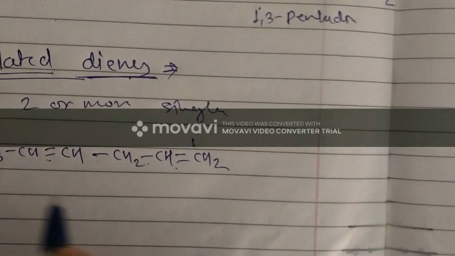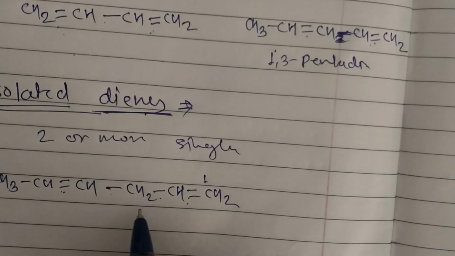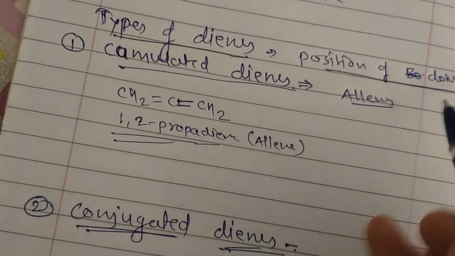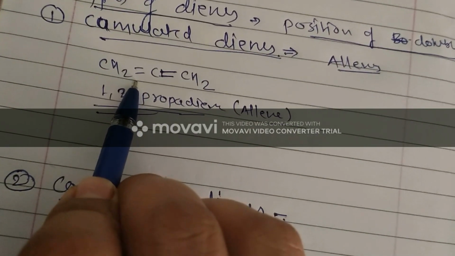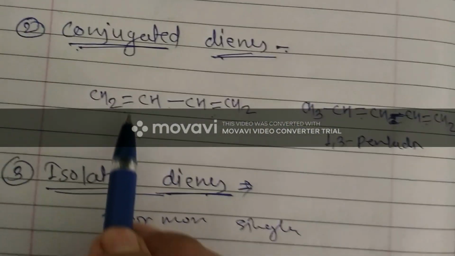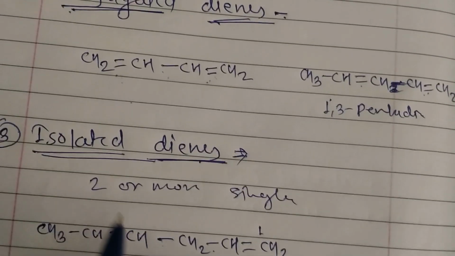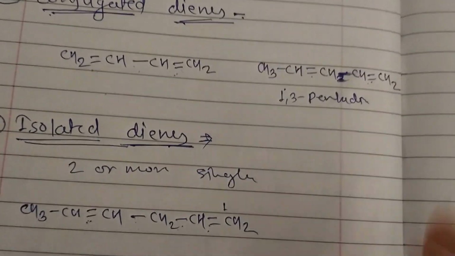It is the example of 1,4-hexadiene. These types depend on the position of the two double bonds. Cumulated means the two double bonds are on the same carbon atom, conjugated dienes means the two double bonds are separated by one single bond, and isolated dienes means the two double bonds are separated by two or more single bonds.